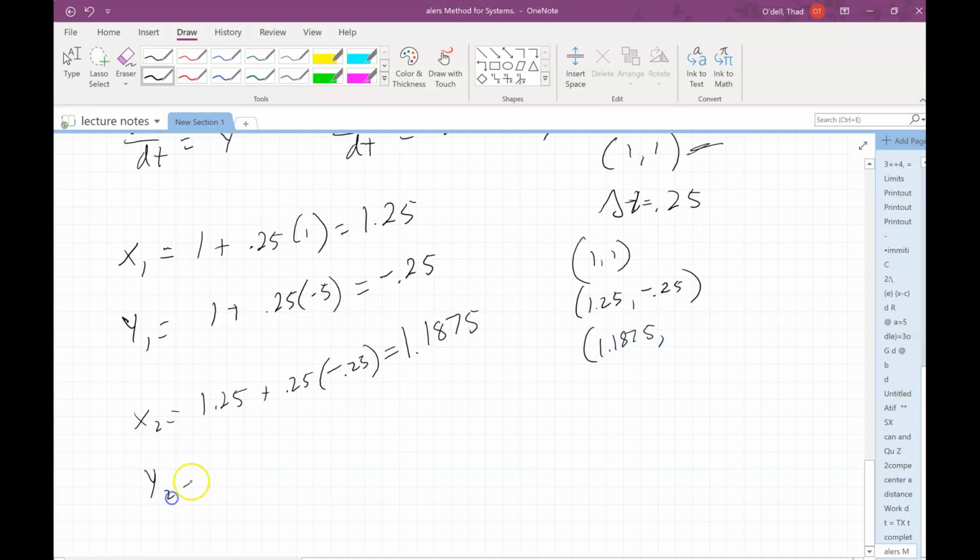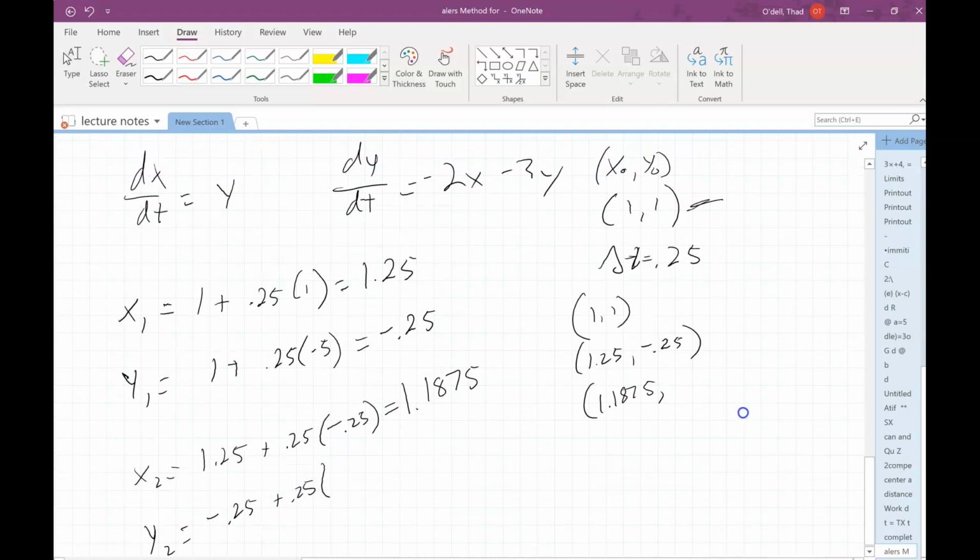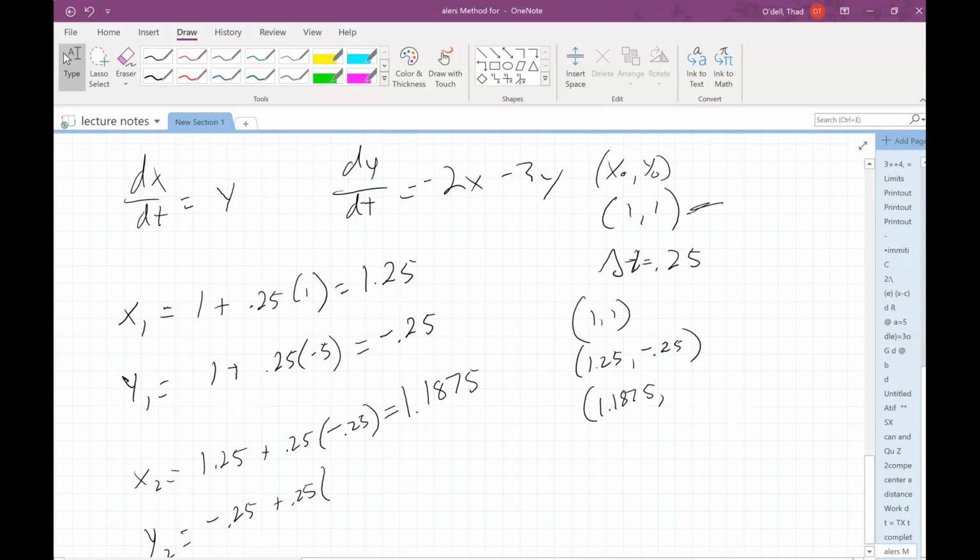And then my y sub 2 is going to be equal to negative 0.25 plus 0.25 times, and now we've got to plug my 1.25 and negative 0.25 into this equation. Oh, whoops, I plugged the wrong thing. Take that back. Negative 2 times 1.25 is what I should have done.